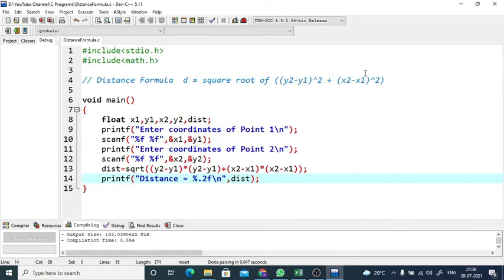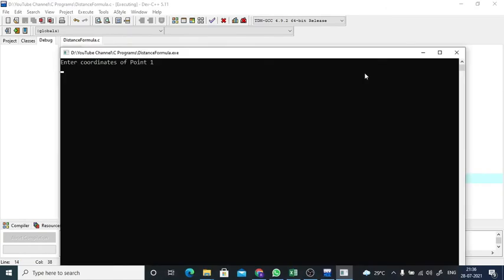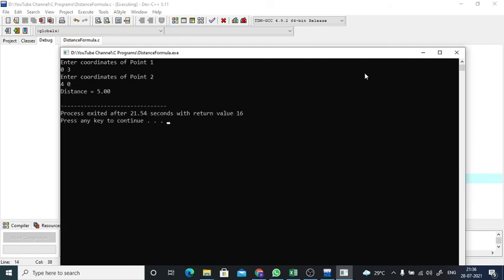Maybe I go for one more execution. Suppose I go for 0 and 3 and 4 and 0. If you have understood that it is 3 and 4 which is going to form a right angle triangle, ideally it should give you again the distance 5 coincidentally, but if you get it here, it will prove the point again that it is working fine.